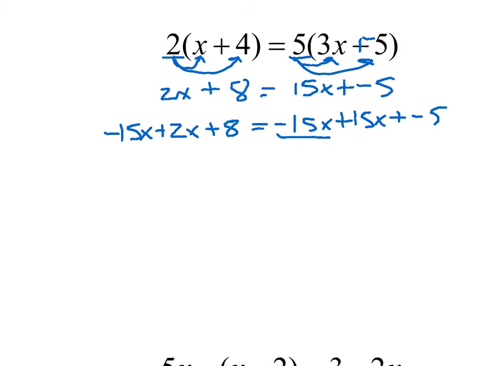So we had a negative 15x that we added to both sides. On the left-hand side, we have negative 15x plus 2x, Monica A, that equals negative 13x plus 8 is equal to negative 15x plus positive 15x. That's 0. Plus negative 5 would be negative 5.